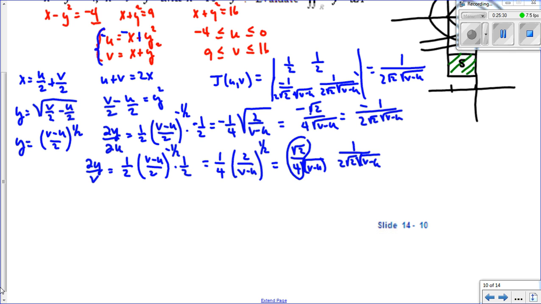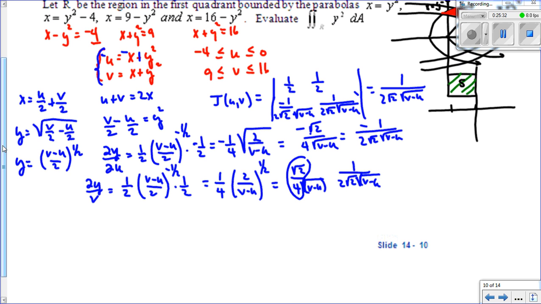We're changing this right here over to be the double integral over the region S, which S is defined from -4 to 0 and from 9 to 16.